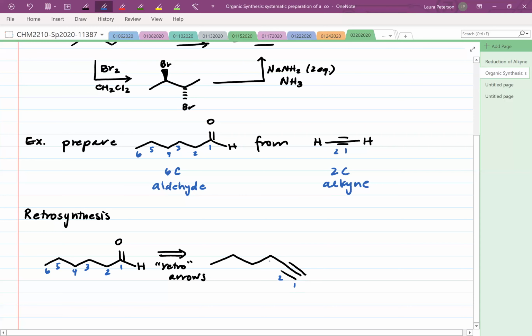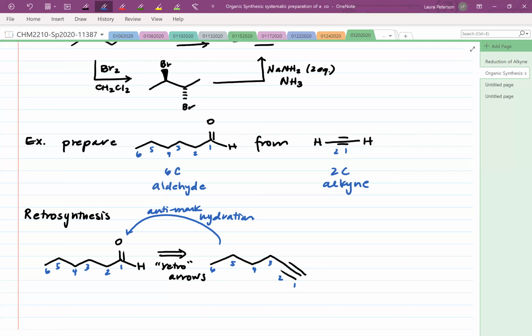I'll number my carbons so you can follow what I'm doing there. So basically the terminal alkyne between carbon 1 and 2, if I were to perform a hydration, specifically anti-Markovnikov hydration with that diisoamylborane, that would give me the aldehyde that is our overall product.